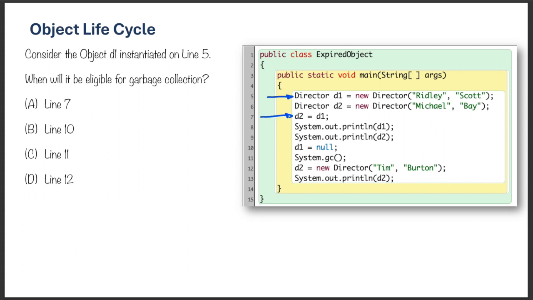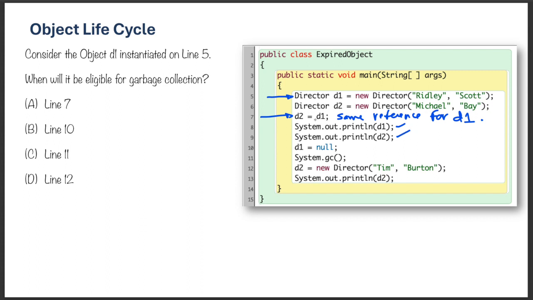That means that the reference, or the memory location, for D1 is now stored in D2. So both D2 and D1 store the same object reference for Ridley Scott. All right, D1 is printed, D2 is printed, they should print the same thing.